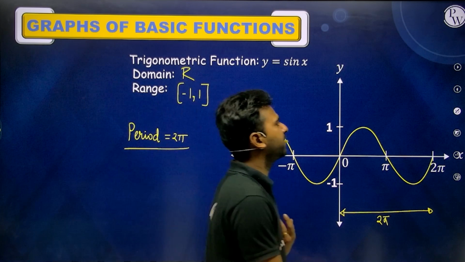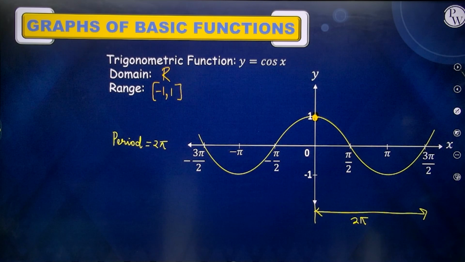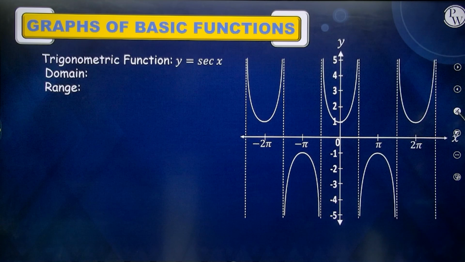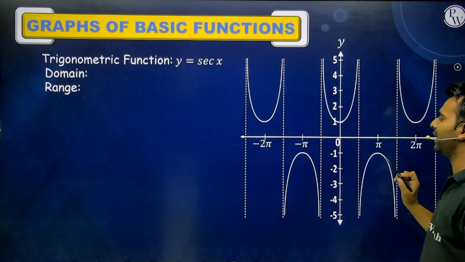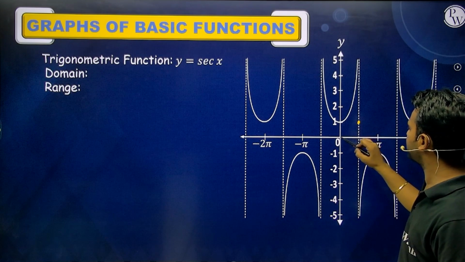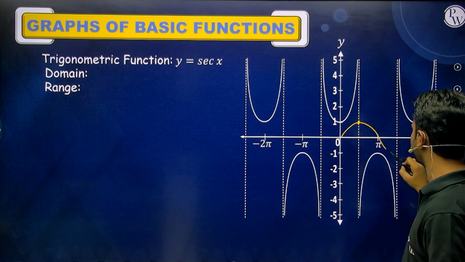Moving ahead, kids. y equal to cos x we have seen, y equal to tan x we have seen. Now talking about y equal to cosec x. A lot of guys feel difficulty in this, so let me tell you a very simple rule. Let's draw the graph of y equal to sin x first.